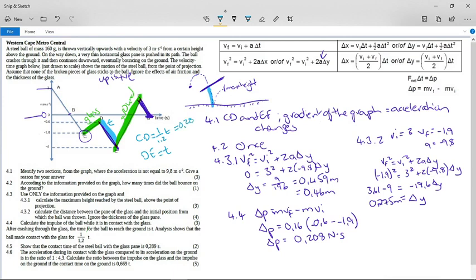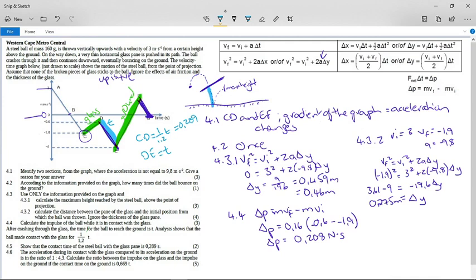Now, one of the reasons they've asked you to prove this is that if you go on to do 4.6, you actually need this value of t to do 4.6. And so they don't want you to go and do a whole bunch of wrong calculations with your wrong answer for 4.5.